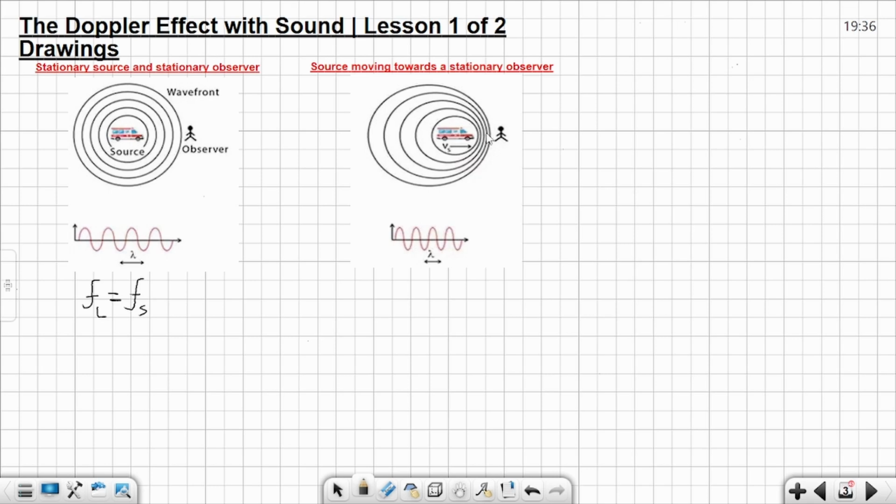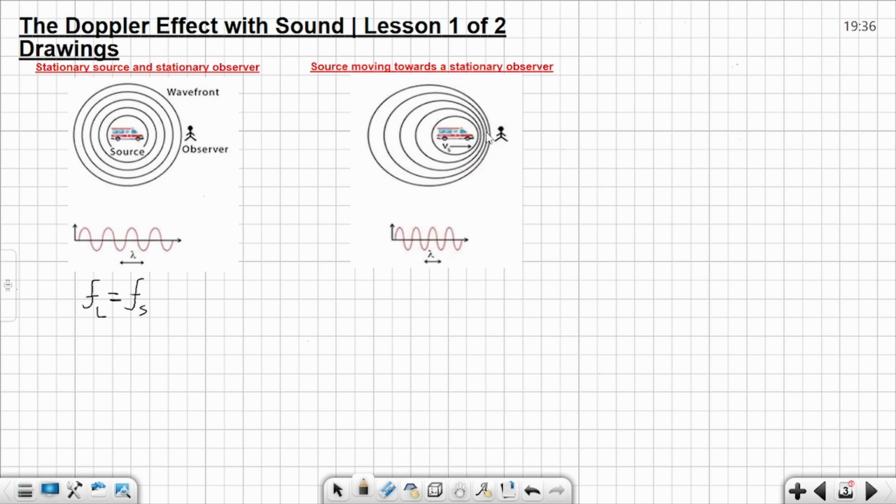It seems as if the volume of the sound from the siren is increasing as the ambulance is approaching the observer. But what is happening is that the observer is perceiving a higher pitch from the sound emitted by the ambulance, or we can say is perceiving a higher frequency.